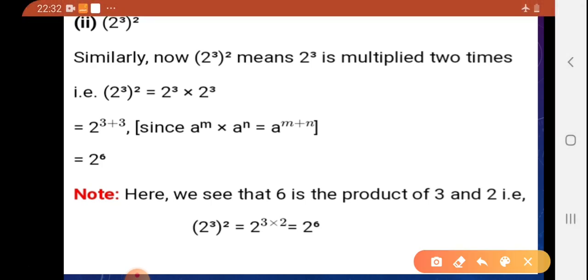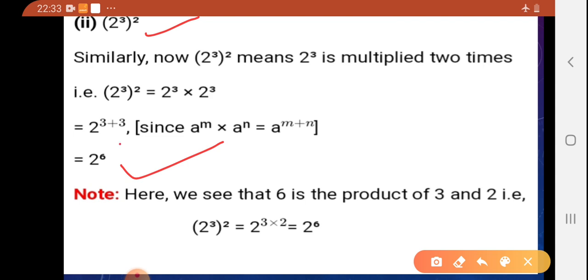Now next, by the example, 2 to the power 3 whole to the power 2. By applying a to the power m whole to the power n gives out a to the power m into n, the answer will be 2 to the power 6. Here a different rule has been applied.